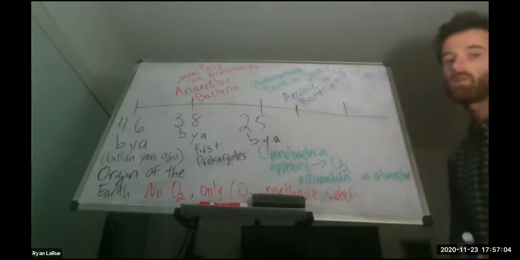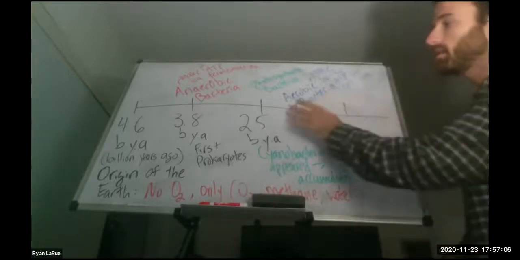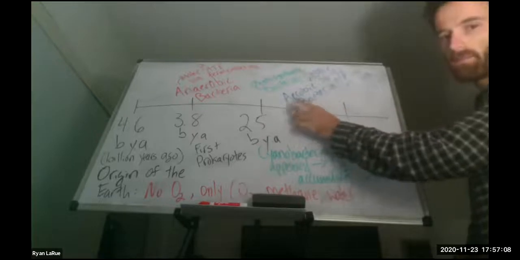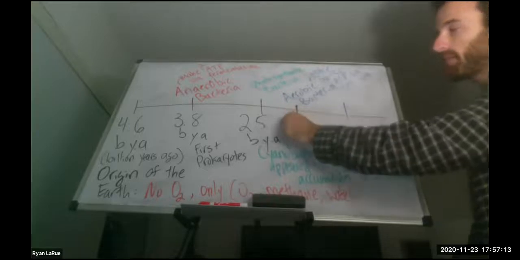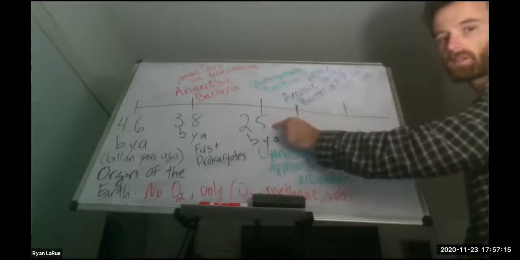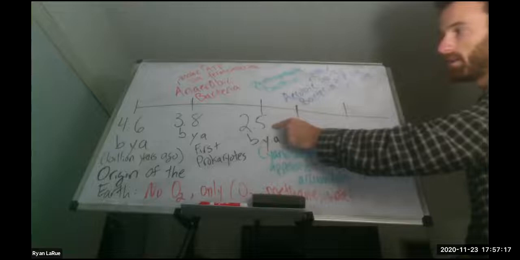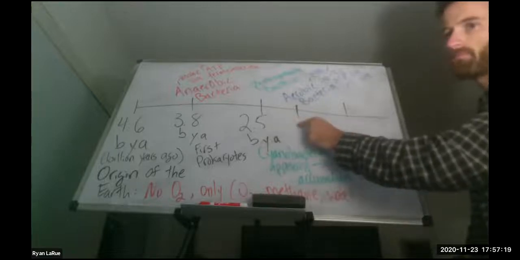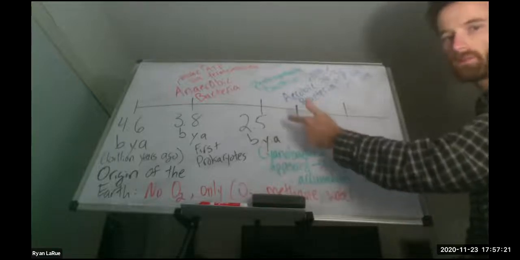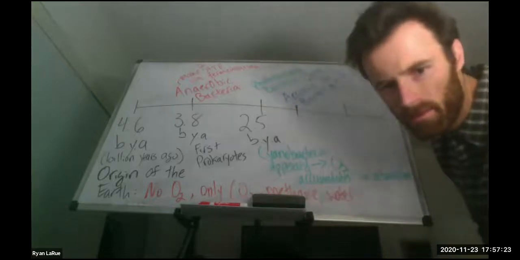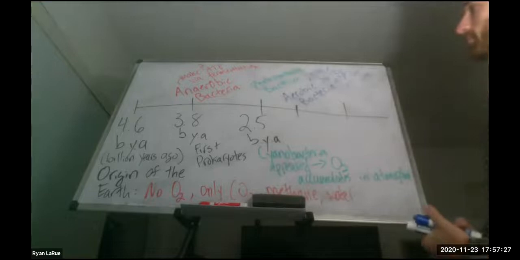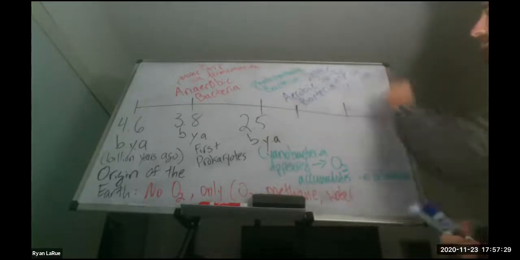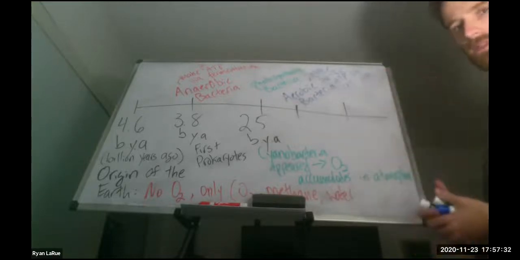No. I've actually looked into this, and I don't think scientists know the exact date, but it had to have been after this event, right? But after oxygen came into the planet, right? Probably shortly after. Cellular respiration. I just abbreviated it cell res because I ran out of room.